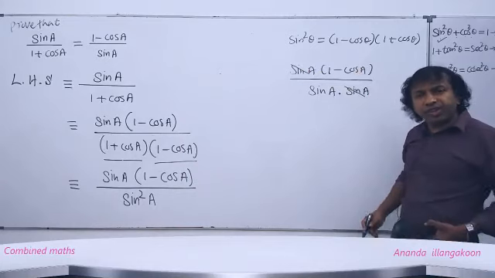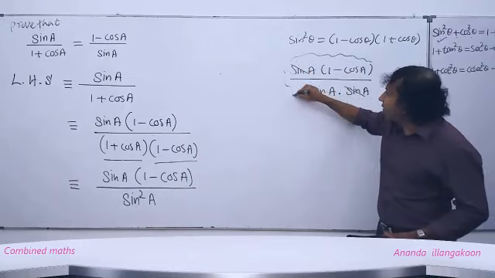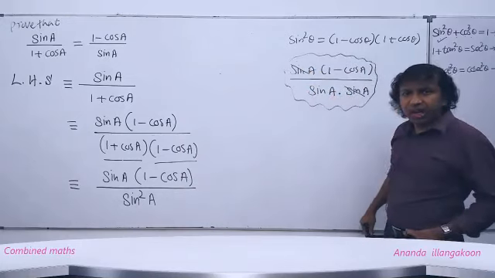If we need to take the answer without showing this step, this is not compulsory. Finally, with the cancellation of the sine A with one sine A term of the denominator, there will be only one sine A.